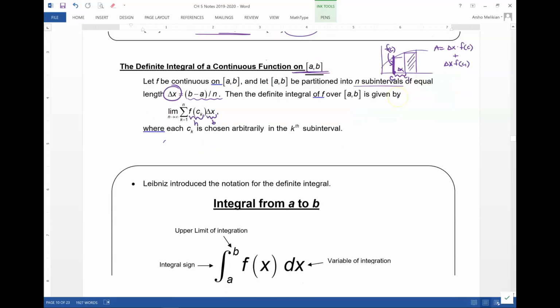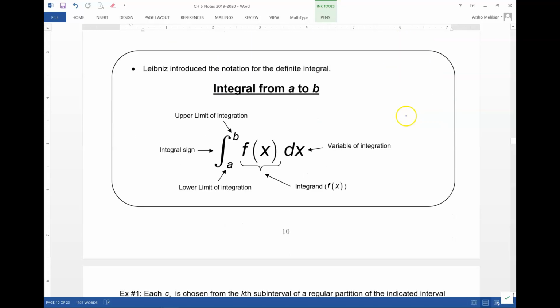Now here is the notation introduced by Leibniz. This is the integral from a to b. That same thing that we just talked about, but now in the form of an integral. Look at what you have here: f of x times dx.